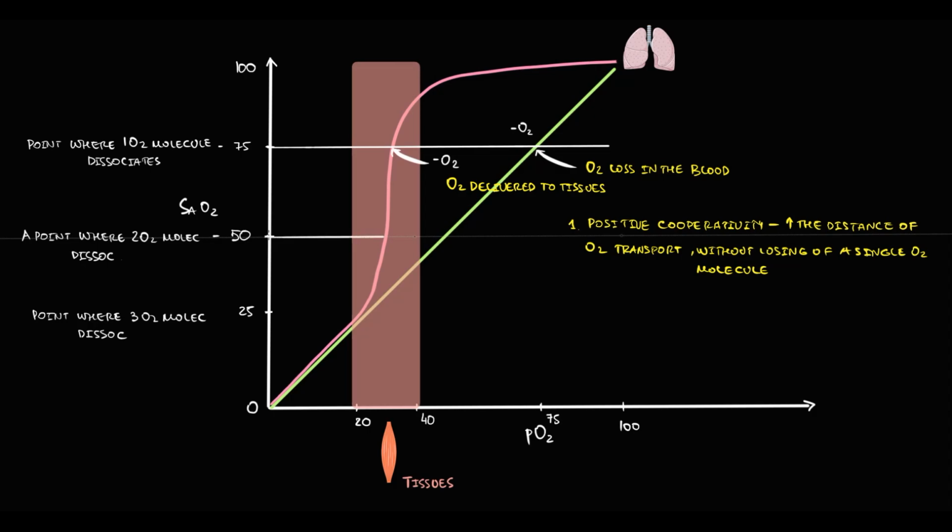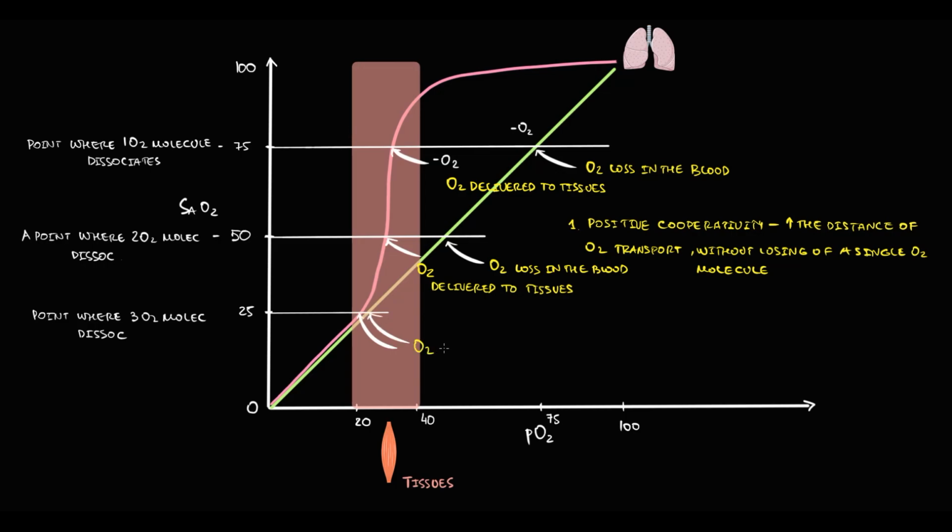With 50% saturation, the same thing. Without positive cooperativity, hemoglobin will drop oxygen into the blood and not in the tissue area. But with positive cooperativity, the second oxygen molecule will be delivered precisely into the tissue area. And only at 25% saturation, hemoglobin without positive cooperativity will deliver an oxygen molecule to the tissues.